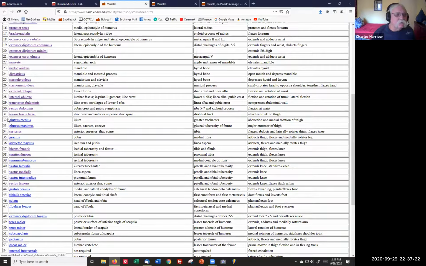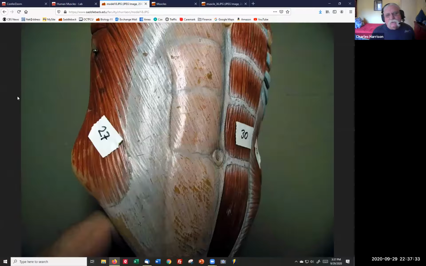And I'm going to take you down to number 30. This model has seen better days, but we have plenty other ones to look at too. Muscle number 27, it's a long, flat muscle.